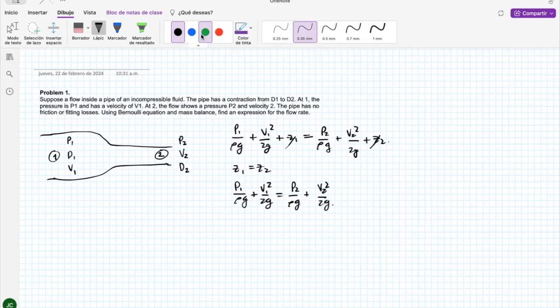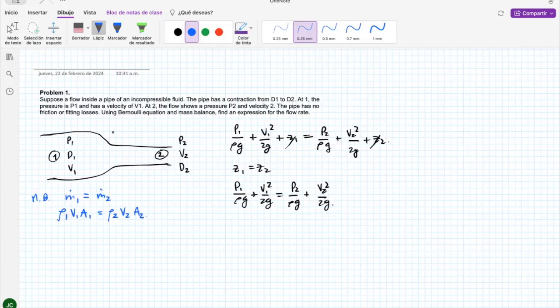Now that I have that, I can write my mass balance. I can say that the flow going in at 1 is the same flow going out at 2. So I can write that the density times the velocity times the cross-section area of the pipe, rho 1 V1 A1, equals rho 2 V2 A2.